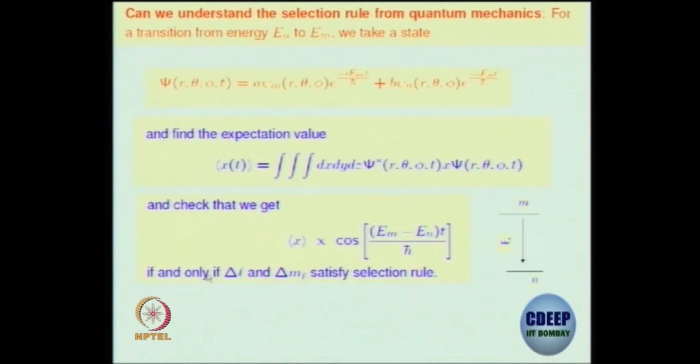It's just a straightforward exercise, and basically it will depend on a cos omega t, or cos of the energy difference between those two levels, and it will be non-zero in the case of the hydrogen atom problem if delta L is plus or minus 1 and if delta ML is 0 or plus or minus 1. This I want you to verify.